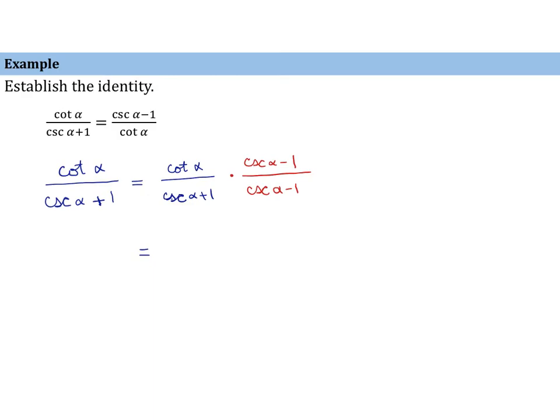Now the numerator, I'm not going to multiply out. But the denominator is cosecant squared of alpha minus 1. Now you'll remember your Pythagorean identity to help that denominator simplify.